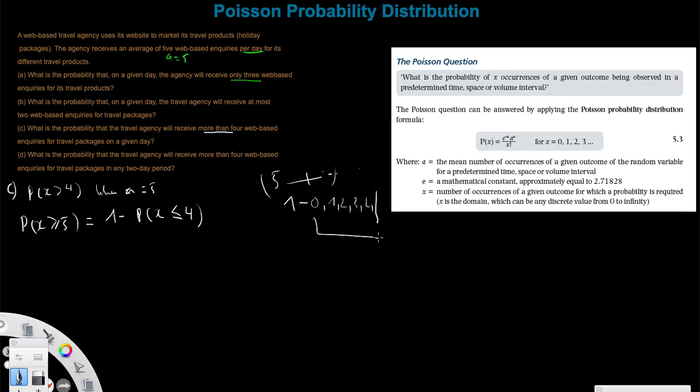At least we have those because we know the maximum will always be 1. Therefore, we resort to our complementary rule.